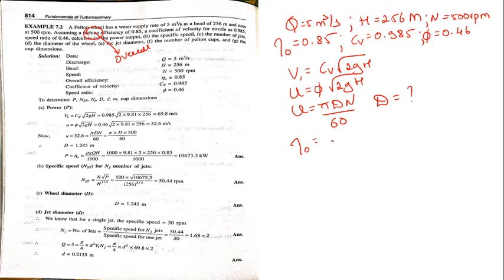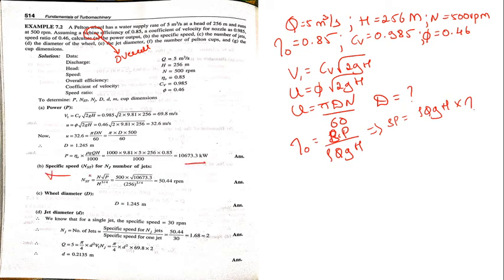Overall efficiency will be shaft power, or the runner power, by rho QgH. Now you need the shaft power here. So the power delivered will be given by rho QgH into efficiency. So substitute that, you will get this.